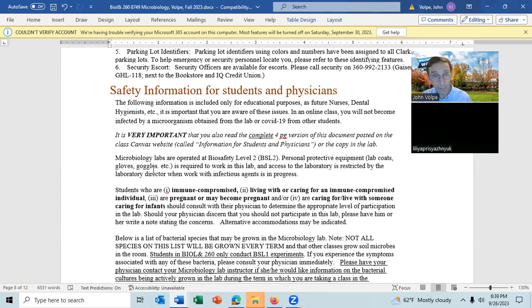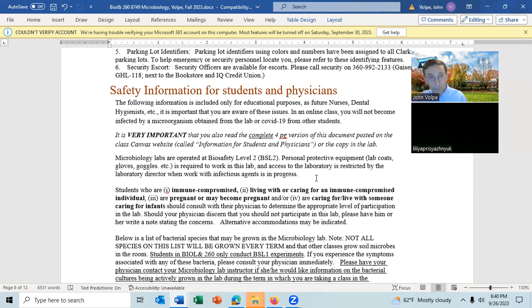Access to the laboratory is restricted. And we work with infectious agents. Now, most of the organisms we work with are not biosafety level 2. Most of the organisms we work with are biosafety level 1, but still we operate the lab under biosafety level 2 conditions.